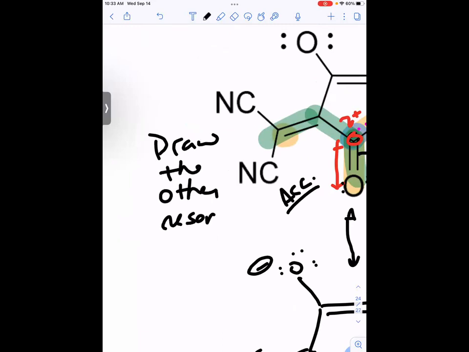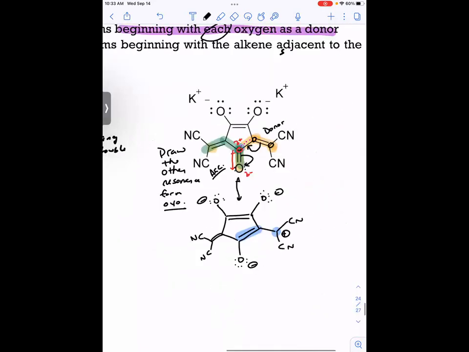So I want you to work on that. All right, I want you to work on drawing that other resonance form, just like we did the one on the right. You've got the pattern, you've got the arrows. You're just going to put those same arrows on the other side.